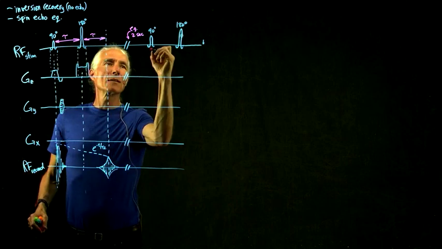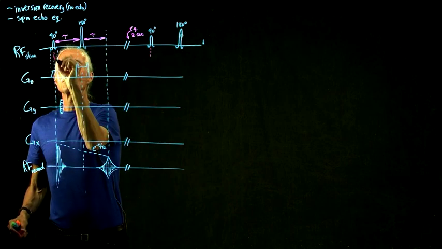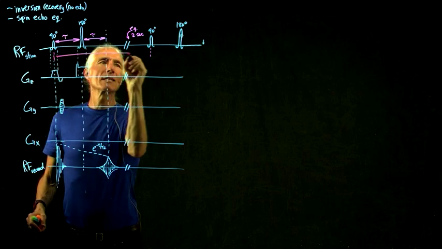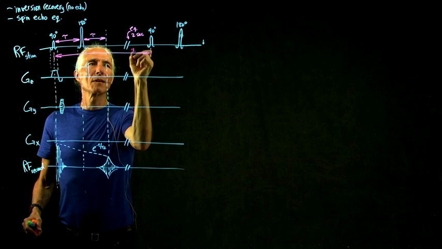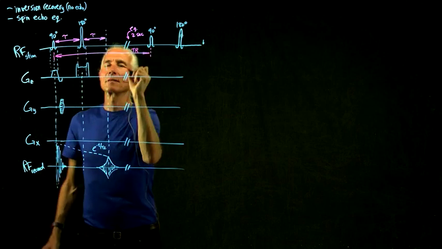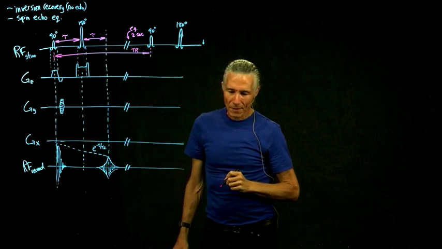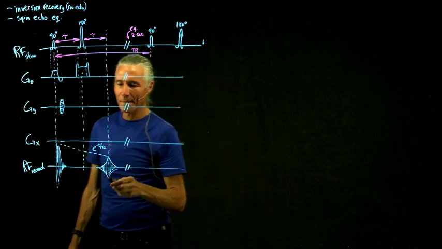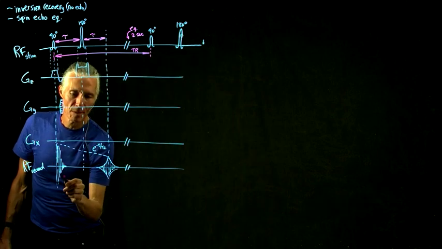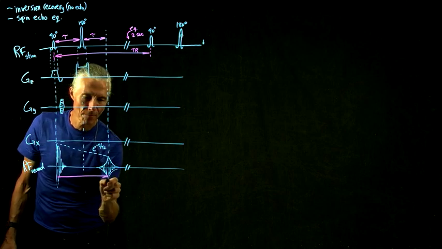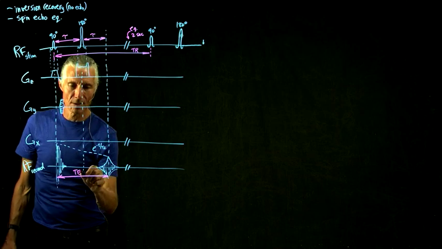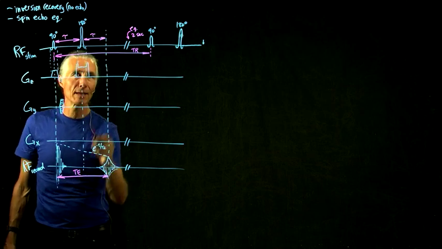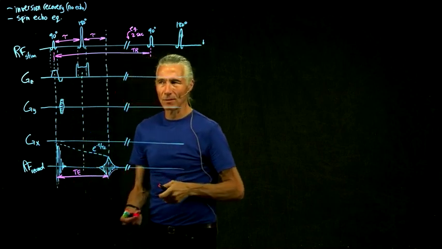So the TR is going to be in between these two 90s. So that's where our whole sequence repeats. And then the echo time, this is going to be the echo time right here. The echo time is much, in real life, it's much smaller. It's only like a 20th of a second, whereas the TR is like 2 seconds or something, so it's a big difference.